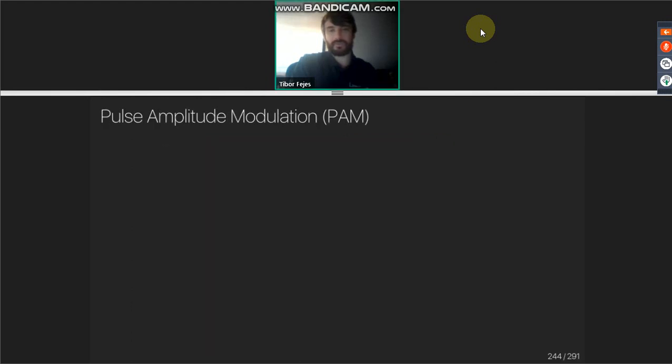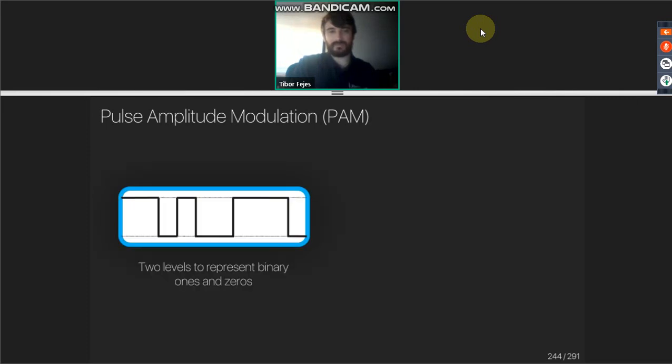Okay, so let's talk about pulse amplitude modulation, or PAM. As we saw in the earlier session with TMDS, we were using 2 voltage levels to represent binary ones and zeros. So we had a certain voltage level for a high voltage and another voltage level for a low voltage.